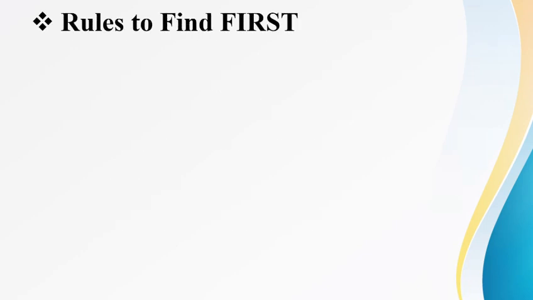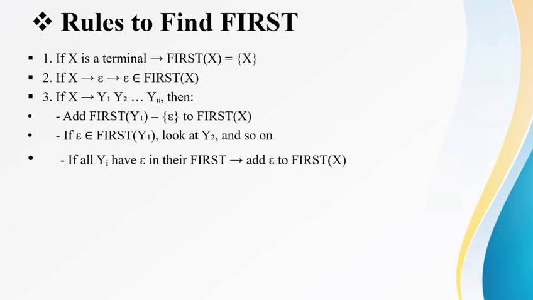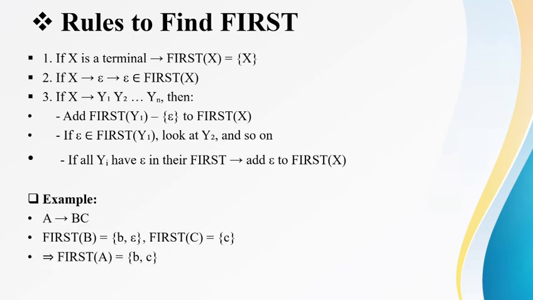Then the next slide is rules to find First. Now let's look at the rules to calculate the First set. If the symbol is a terminal, its First set is just itself. If a production goes to epsilon, we include epsilon in the First set.